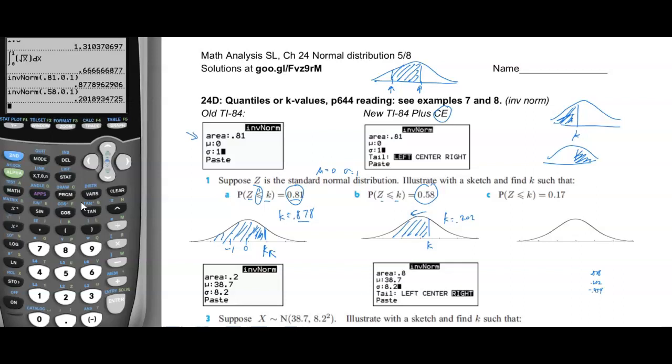In this particular case, for example, the shaded area is 0.81, so we type in 0.81 for the area, 0 and 1 for mu and sigma, just like in the old TI-84. But look at the end, it asks you where the tail should be. And in both of these cases, the tail would be left, because see how the shading goes to the left? So on the new CE, we would just put left, and then we would hit paste, and it would do the exact same thing as the old TI-84.